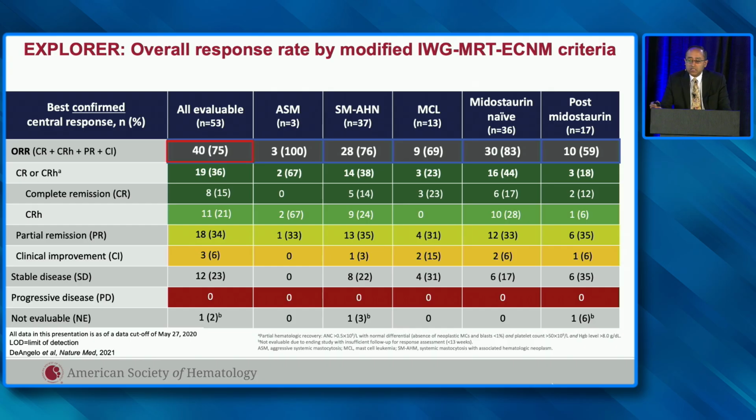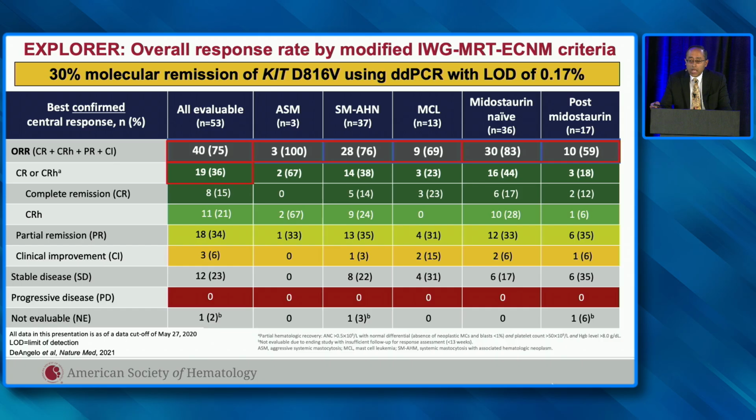Also towards the right of the slide, you see the breakdown in terms of midostaurin exposed and midostaurin naive, and you see that clearly activity of avapritinib is retained regardless of prior midostaurin. And the molecular remission, something we don't see, for example, with our JAK inhibitors in MPNs, you really see deep remissions here.